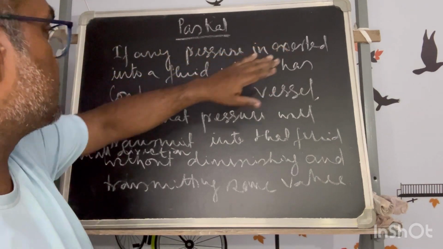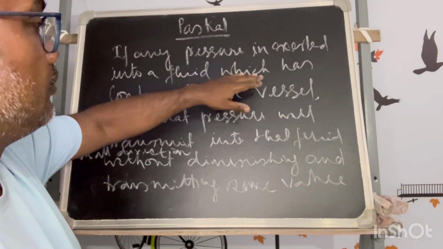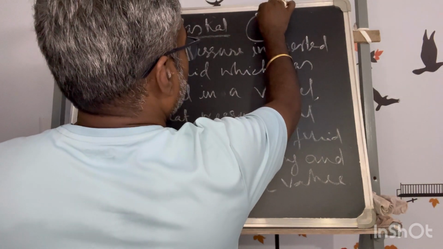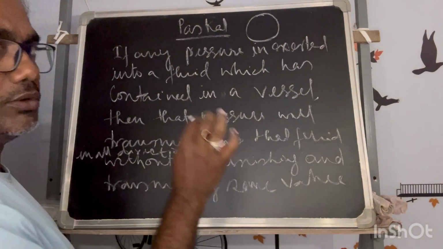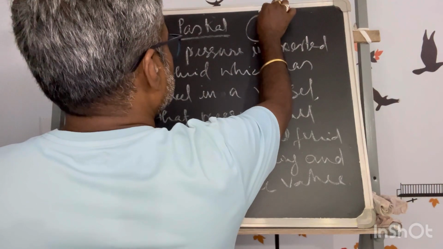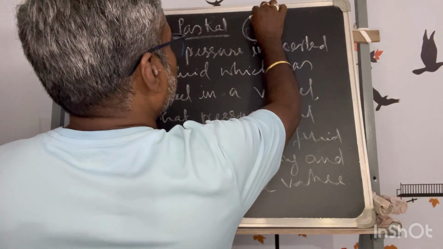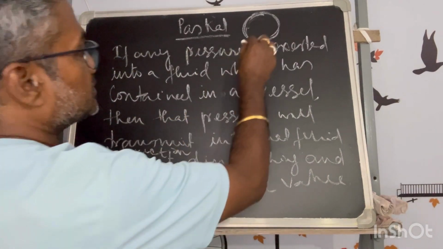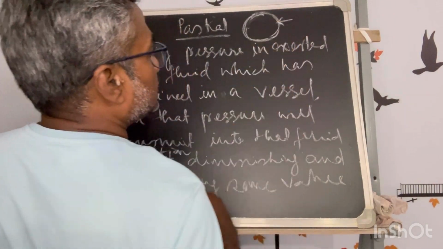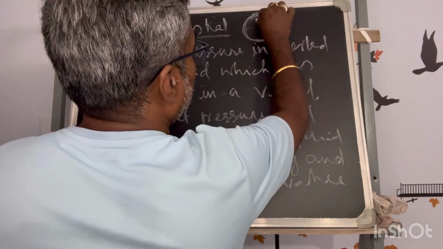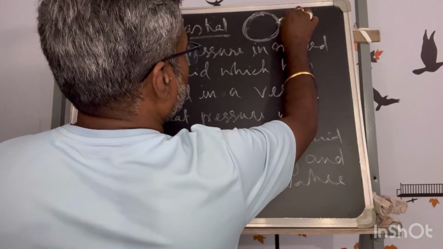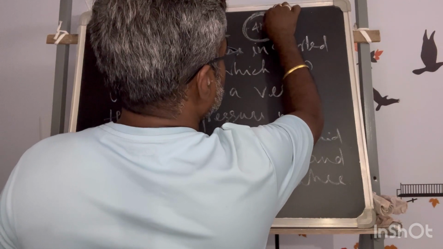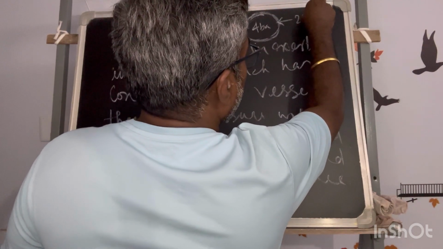Now let me read it out again. If any pressure is exerted into a fluid which is contained in a vessel, and let's say this is a vessel, or you can assume it is a balloon also, a vessel containing a fluid. Now I am exerting some pressure into it. Let's say it already has 4 bar of pressure, and I am exerting another 2 bar of pressure.